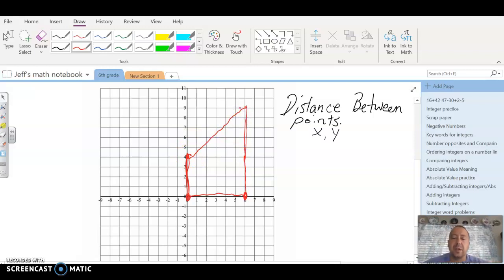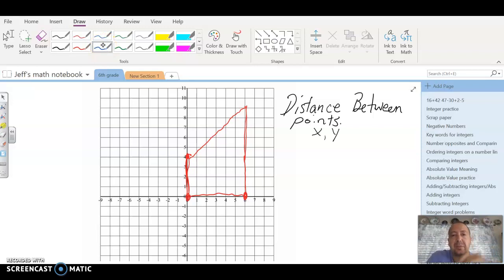So say we have some irregular shape here, which we're going to make a composite shape out of. So if you remember back earlier in the year, we said if we have an irregular shape, we look to decompose it into shapes that we are familiar with. Now, that can look different depending on your point of view.